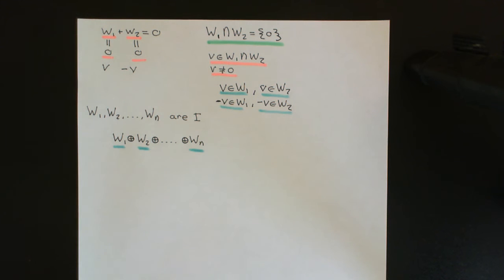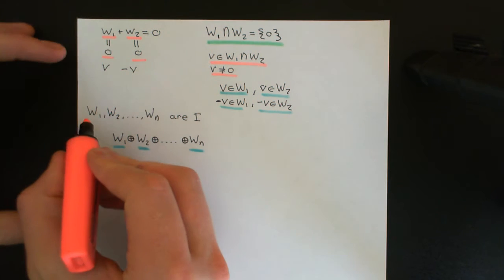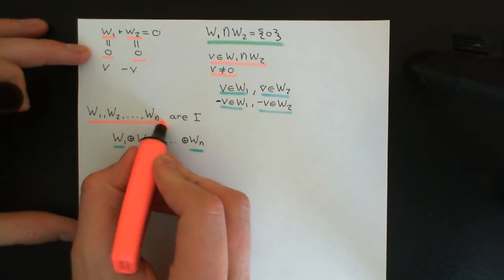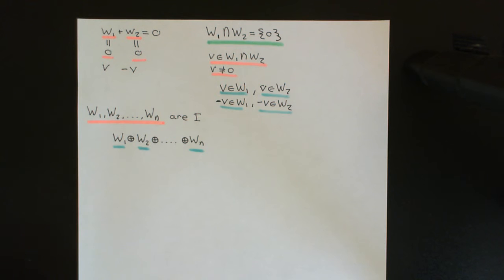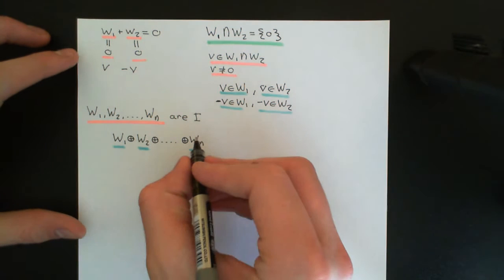So a direct sum is just the sum of a bunch of subspaces when those subspaces are independent. It's a different name for the same concept, but it's a special case of that concept where the subspaces are independent. It's just the sum of those independent subspaces.